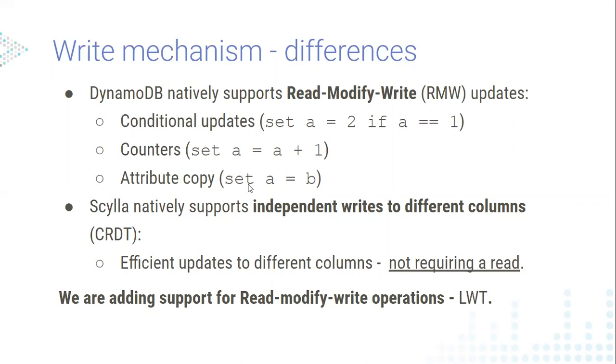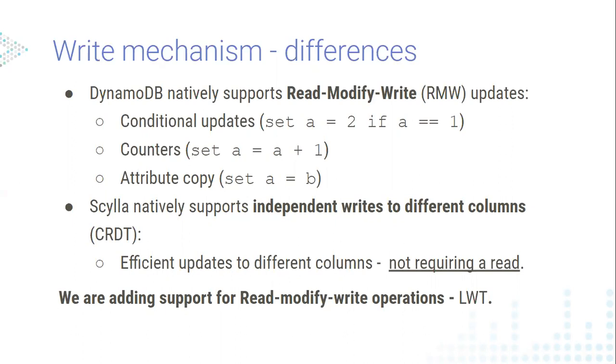So what Scylla instead supports is the ability to independently write concurrently to several columns and have it be fine at the end. This is called CRDT, conflict-free replicated data type.